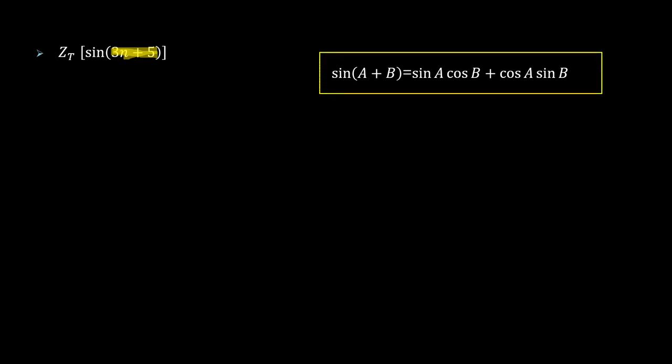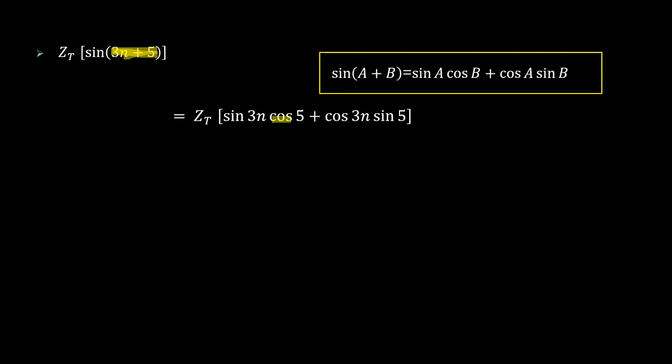Apply the formula: sin(3n plus 5) becomes sin 3n cos 5 plus cos 3n sin 5. Therefore, the z transform of sin(3n plus 5) is the z transform of sin 3n cos 5 plus cos 3n sin 5.